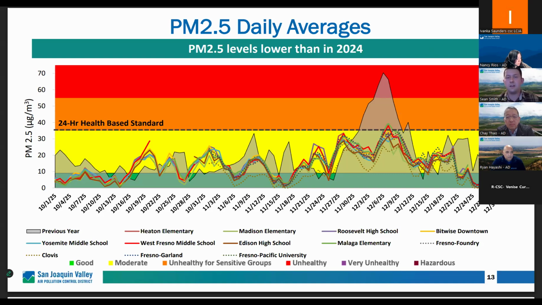And then for the unhealthy category, for 2024, we only had 3 days. And then for 2025, in the unhealthy category, we had 0 days. So we had that little blip on the 6th, roughly through the 9th. There were those 3 days that peaked into the unhealthy for sensitive groups, but it never crossed over into the unhealthy category. So I apologize for the miscommunication there.